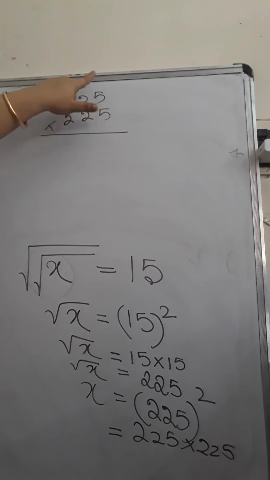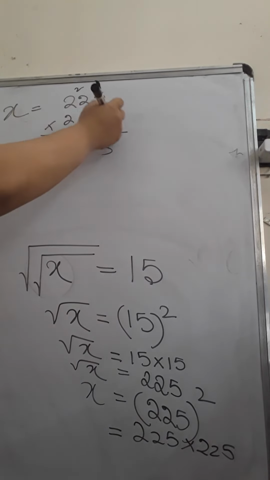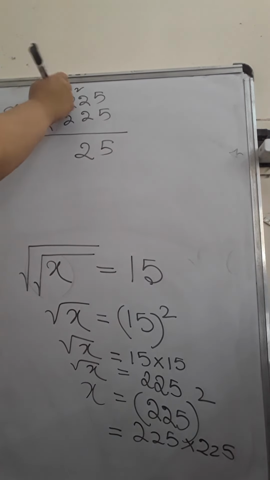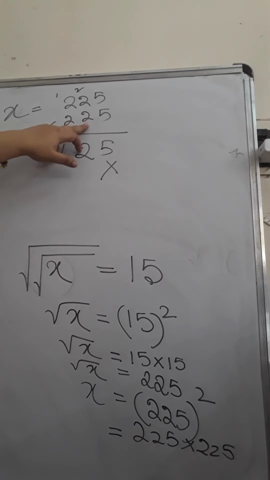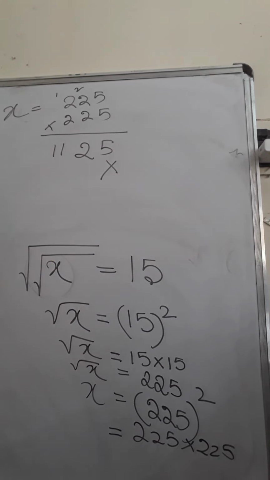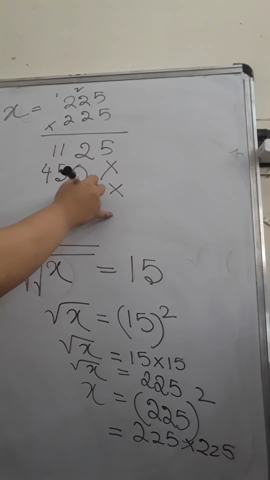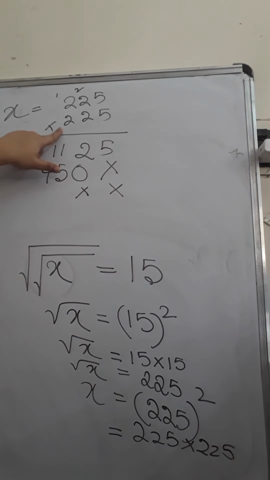Individually, first we will multiply all the top numbers with 5. 5 5s are 25. 5 2s are 10, 11, 12, 11. Now we will multiply 2 with all the numbers on top. Now we will multiply with the last two, all the top numbers.